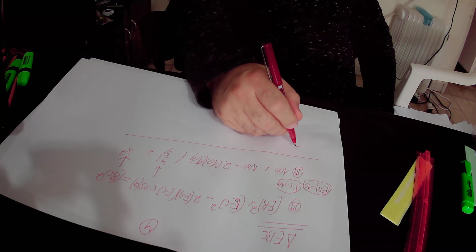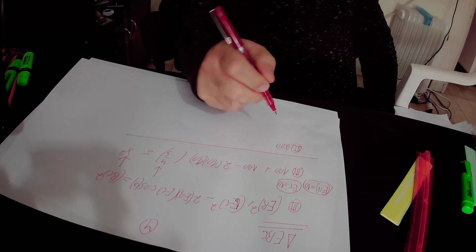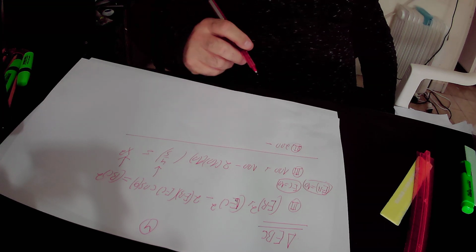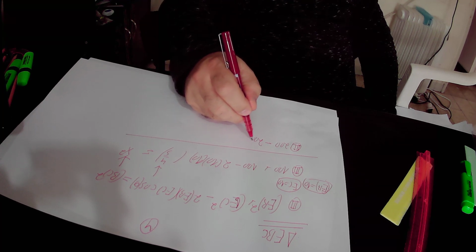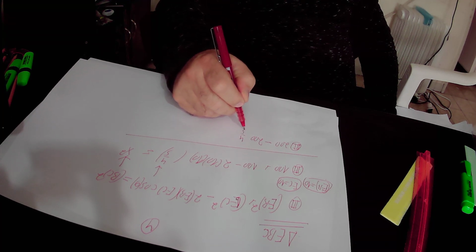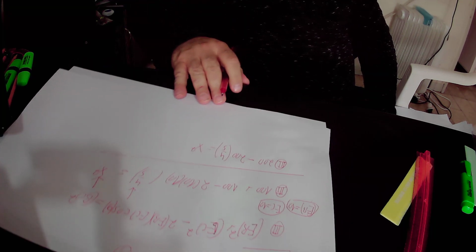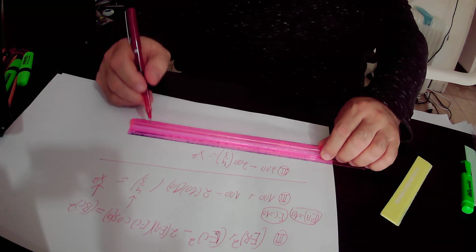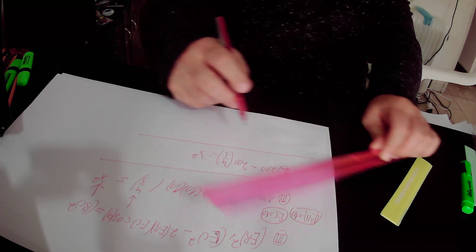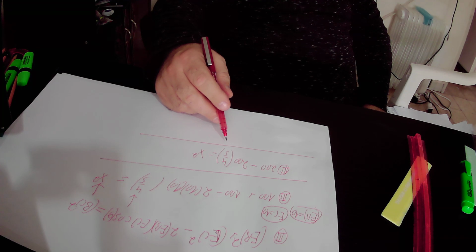Here, 100 plus 100 is 200, minus 10 times 10 is 100, and 100 times minus 2 is minus 200, times 4 over 5 equals x squared. Okay? Minus 200 over 5 is minus 40.